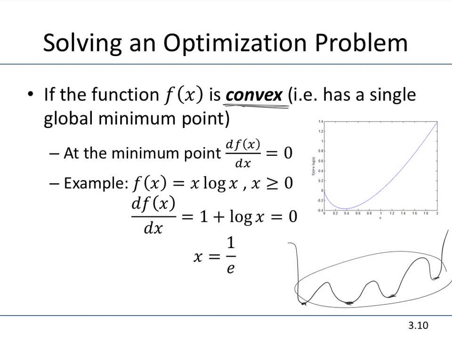If your function is convex, then you can simply take the derivative and solve the function from there. Because if you say that df(x)/dx equals 0, this gives you all the possible points where the function has a slope of 0, or the tangent has a slope of 0.